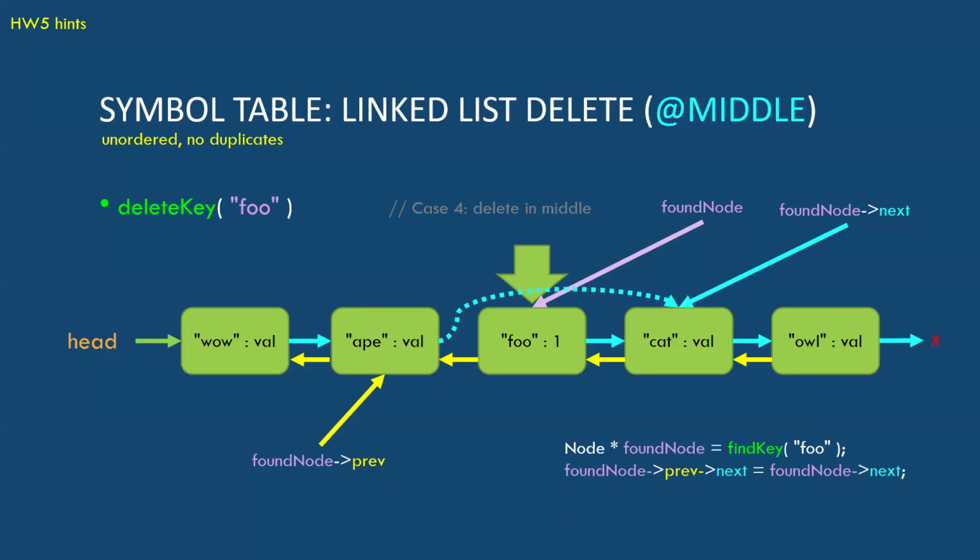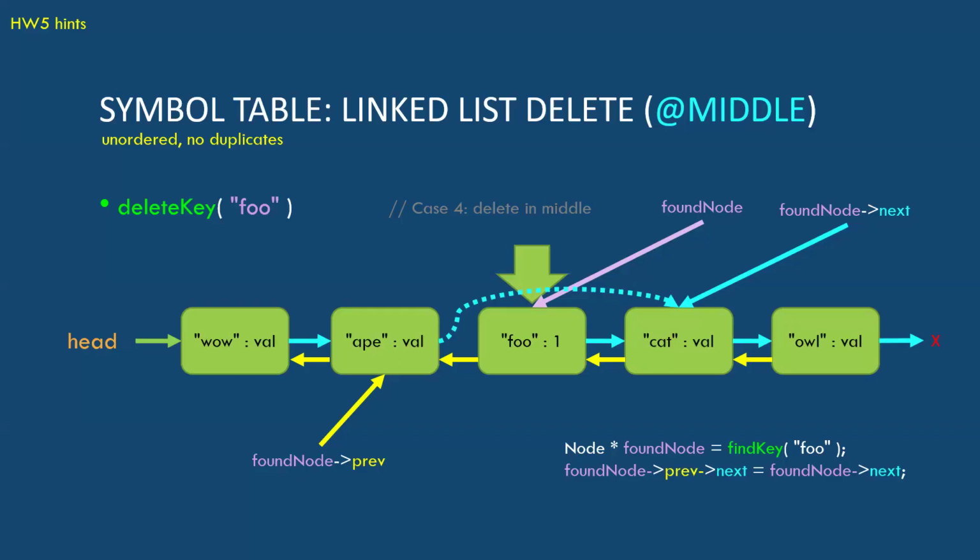So found previous next, which is pointing to this thing, equals found next. I'm wiring around that found node. So found previous next equals found next, which is pointing over here. That's what that's doing right there.